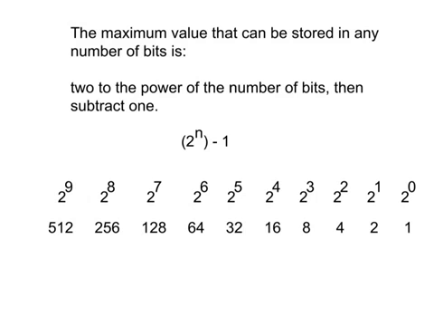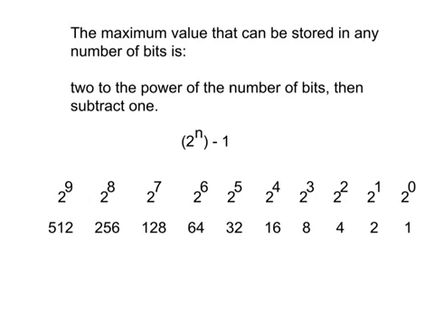So when you are counting in base 2, which is binary, first you have your ones place, which is 2 to the power of 0. Then you have your twos place, which is 2 to the power of 1. Your fours place, which is 2 to the power of 2, and so on.